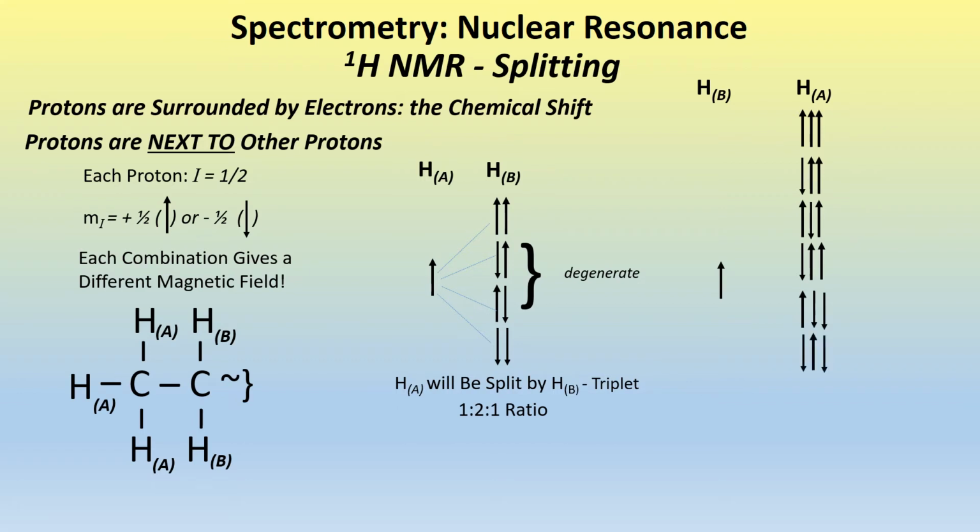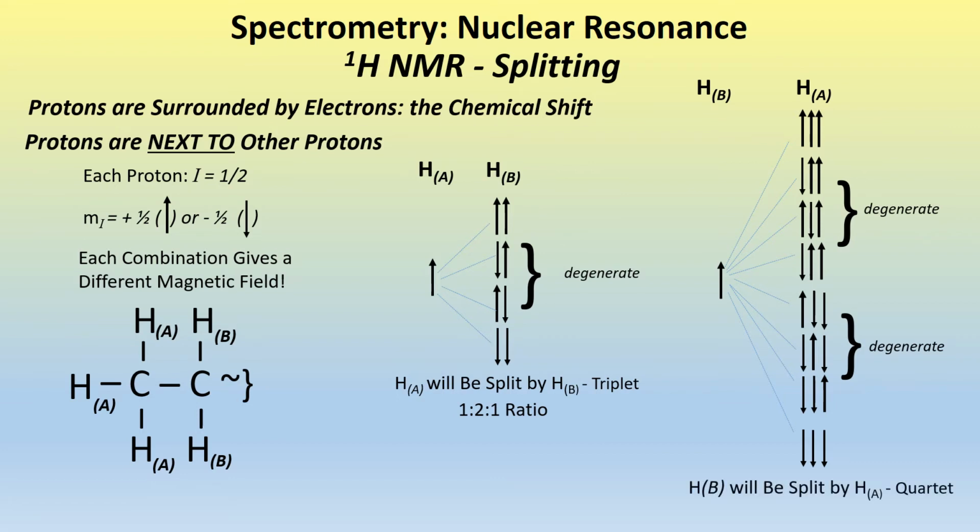Or they could all be spinning down. Therefore, hydrogen B will be split by hydrogen A into a quartet of 4 peaks. Again, the ratio is equal to the number of possibilities that exist. The ratio between those 4 peaks will be 1 to 3 to 3 to 1.